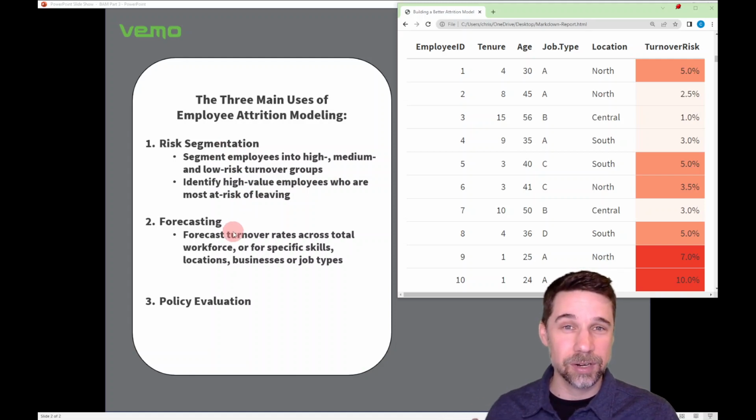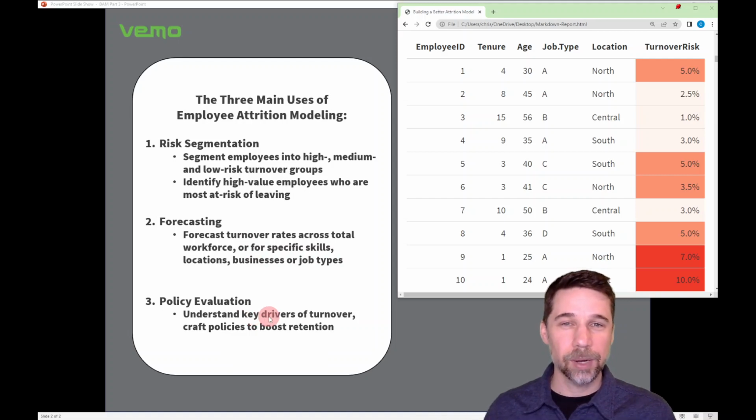So organizations are getting models that have been built and tested for the wrong purpose. And as a result, they're using these models for forecasting, but they're getting bad forecasts. Now there's this final application of predictive modeling, which is policy evaluation, and we'll be getting to that at the very end. But the main focus of the rest of these videos will be on this distinction between risk segmentation and forecasting, and how to make sure we're building a model that does what we really need that model to do.